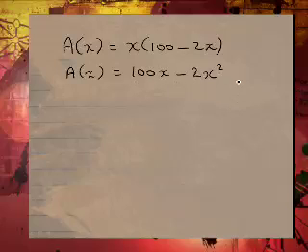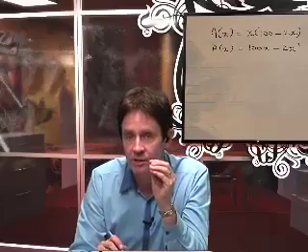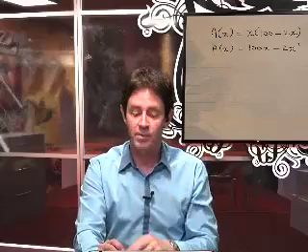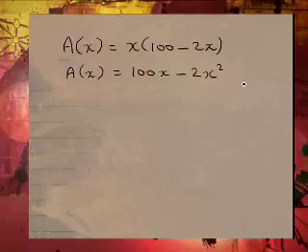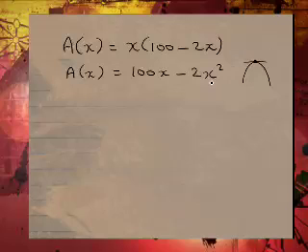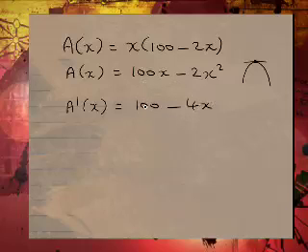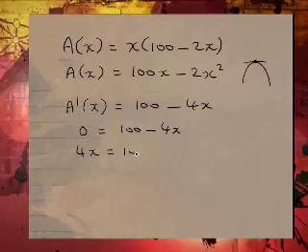Now this expression is in its own right a little unhappy parabola, and it's got a maximum where the derivative is naught. Whenever you want to minimize or maximize, you put the derivative, which is 100 minus 4x, equal to naught, and then you bring that across.